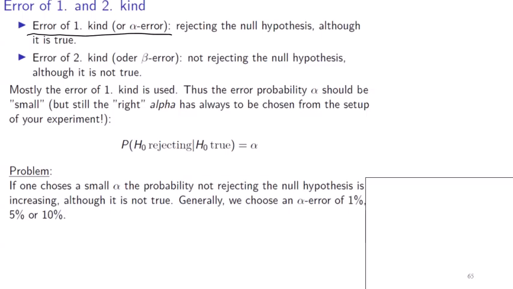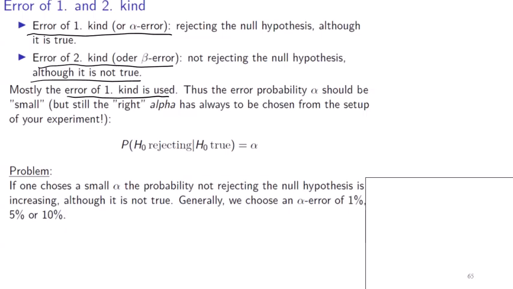Or it can be the other way around, and this we call the beta error, or the error of the second kind: that I'm not rejecting the null hypothesis based on my data, although it is not true.